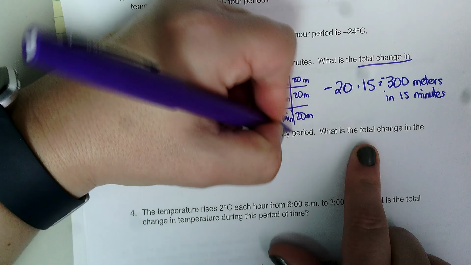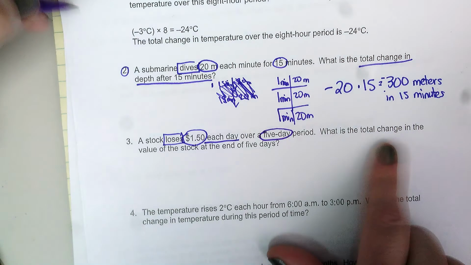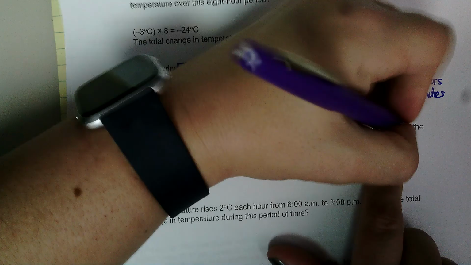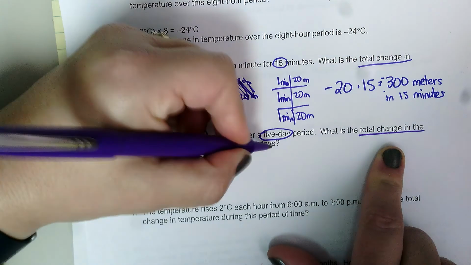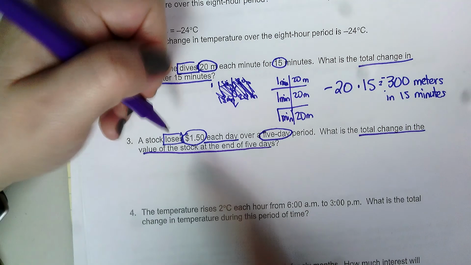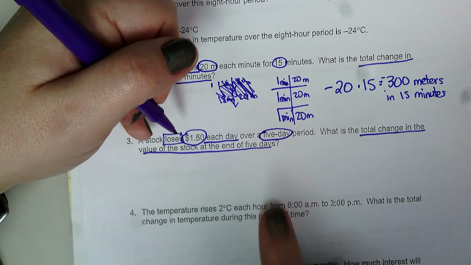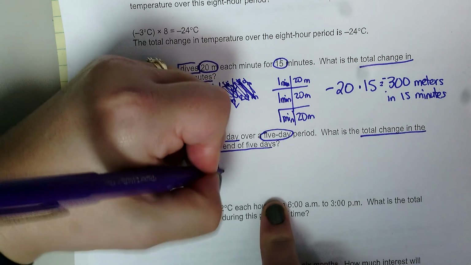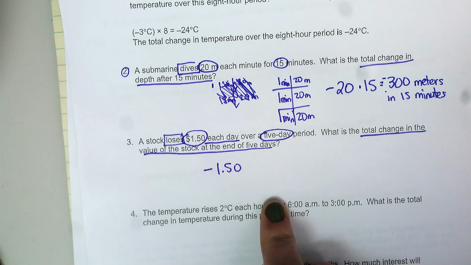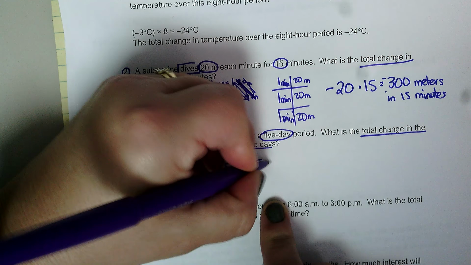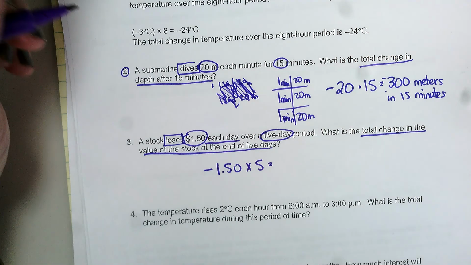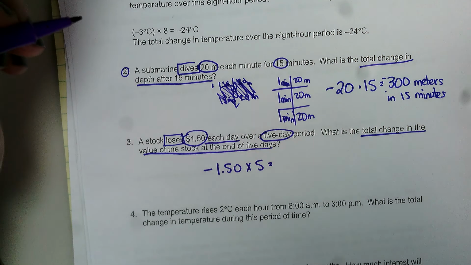And it's a 5-day period. So if we lose $1.50 a day times 5 days, a loss of $1.50 times the 5 days, we know it's multiplied because it gives you 2 parts. It gives you the each day and how many days. So how much you're losing for each day times how many days.